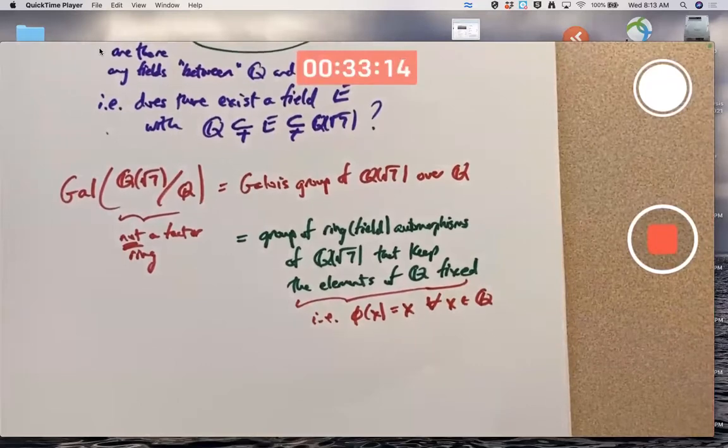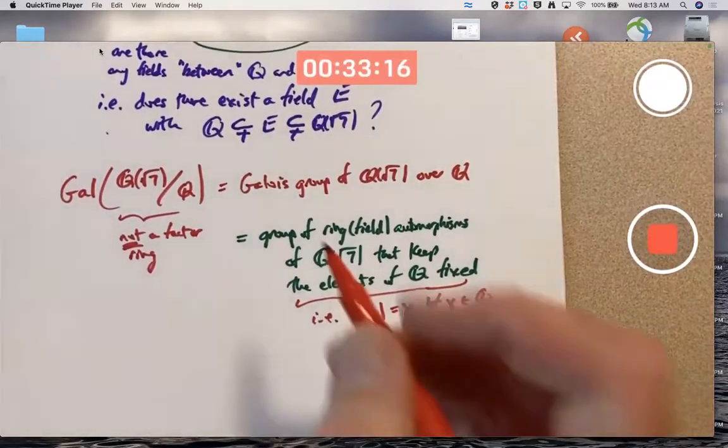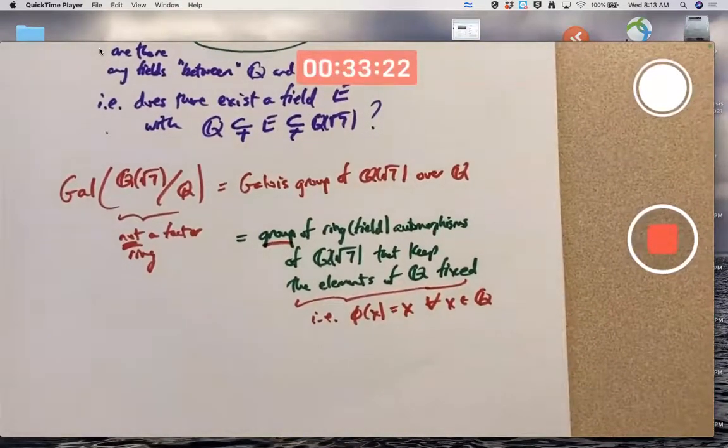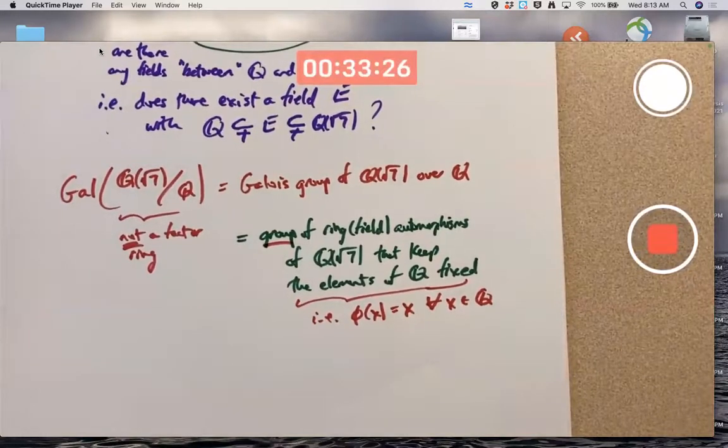What would be, if this is a group, what do you think is the group operation? The elements are functions. Could I add these functions?